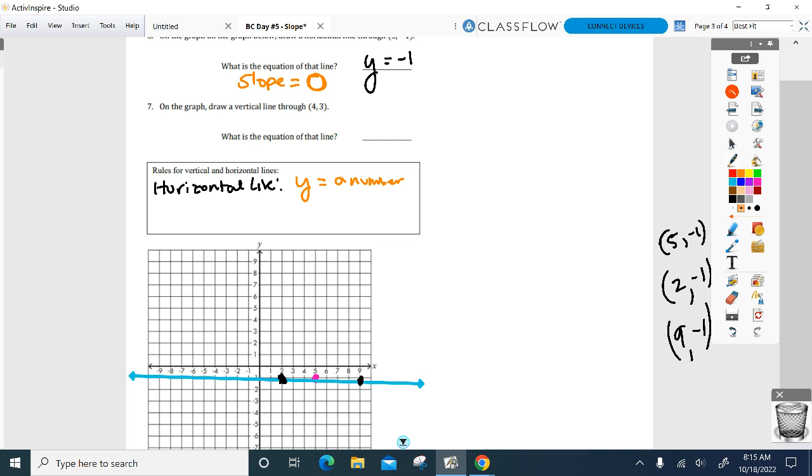All right, last one. How about a vertical line now? What's the equation? Because it doesn't follow the rules either. So go ahead, graph 4, 3. Not 5, 3, 4, 3. And graph a vertical line through it.